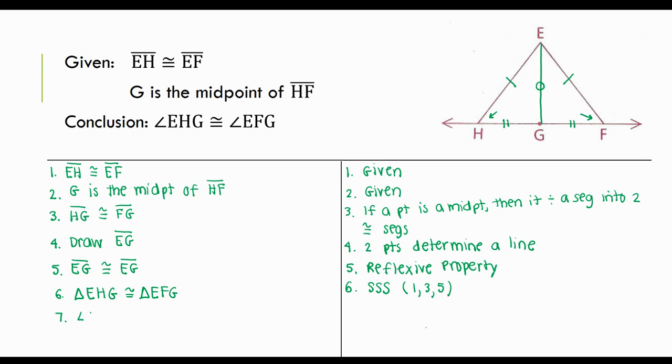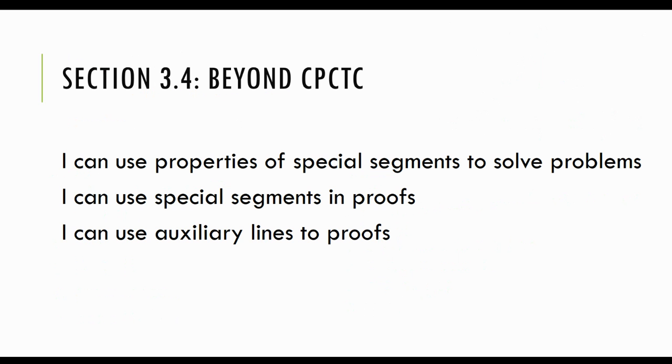So we can go to our conclusion that the angle EHG is congruent to the angle EFG, and that's because of CPCTC. So that is us using properties of special segments to solve problems, using special segments in proofs, as well as the auxiliary lines.